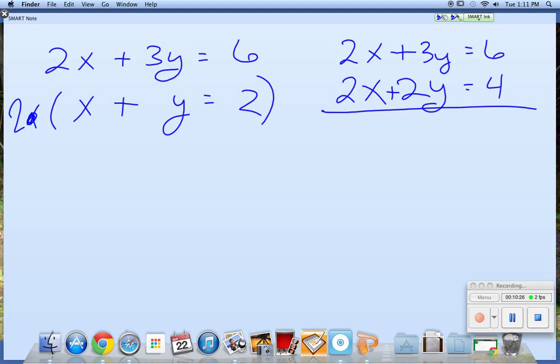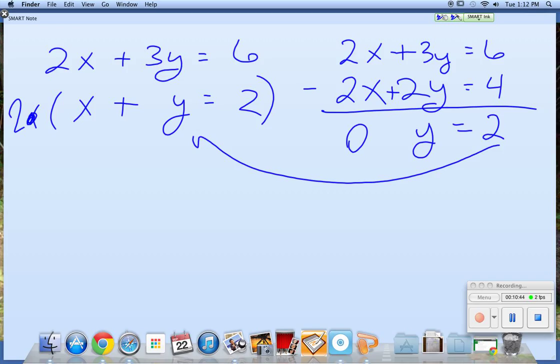Now I'm going to subtract these two equations. 2x minus 2x is 0. 3y minus 2y is y. 6 minus 4 is 2. Now I can plug this back into one of these equations to determine what my x is.